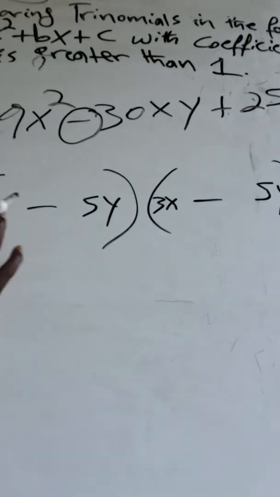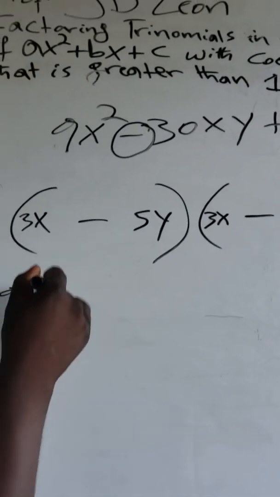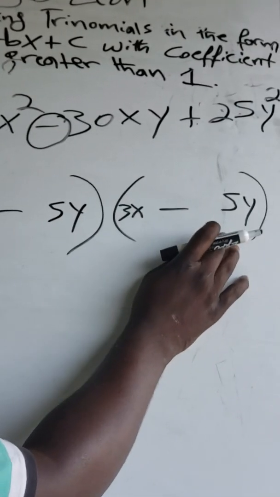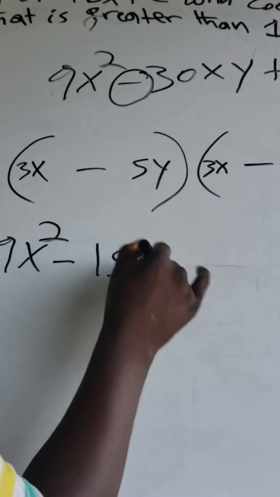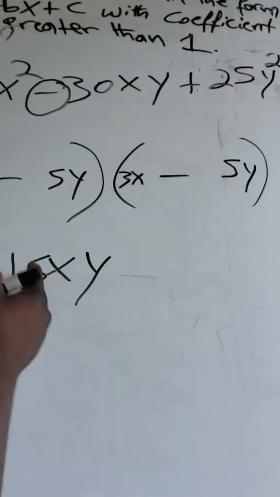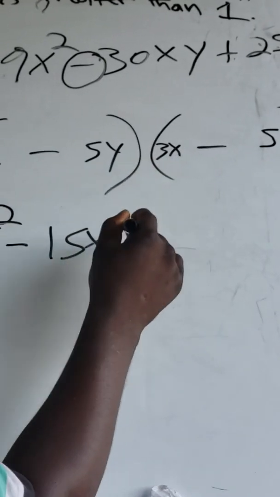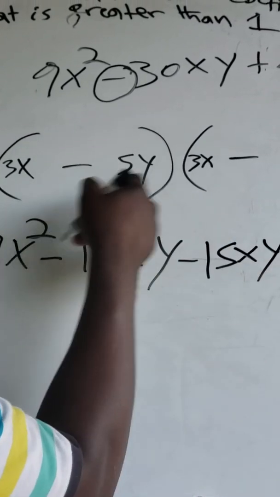Let's see. 3x times 3x is 9x squared. 3x times negative 5y is going to be a negative 15xy. Negative 5y times 3x is going to give us a negative 15xy, okay?